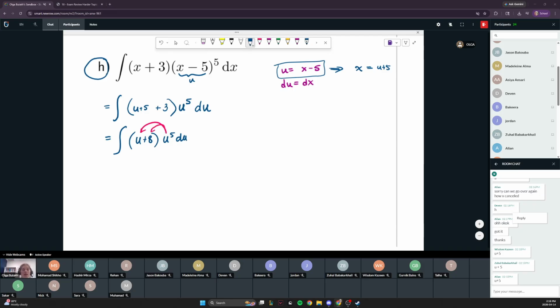Water in gallons per minute. What is the rate at t equals 12 minutes? Now to find the rate, we could simply just plug it in.